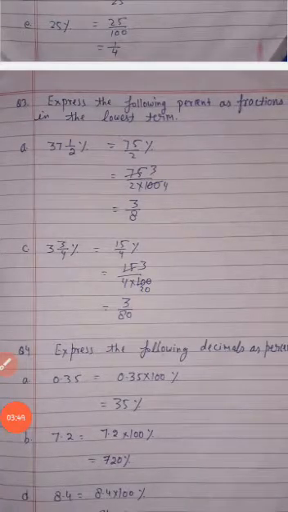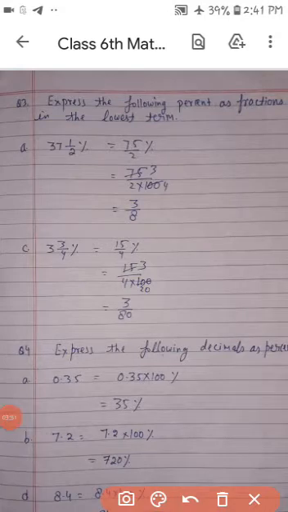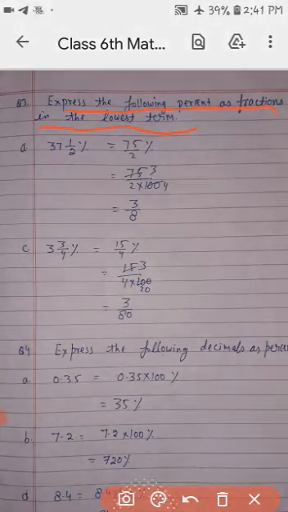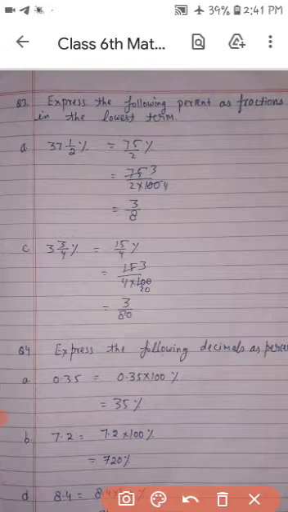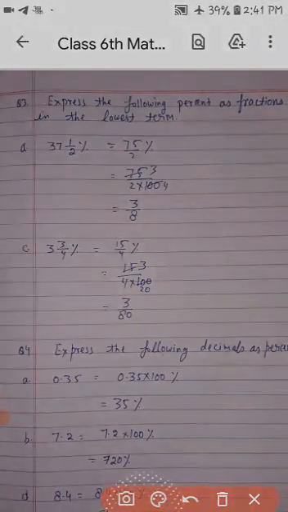Question number 3. Express the following as a fraction in the lowest term. 37 1 upon 2% is equal to 75 upon 2%.